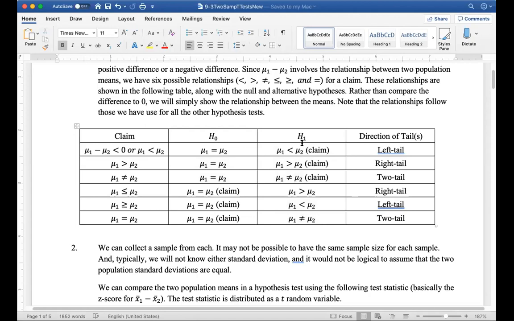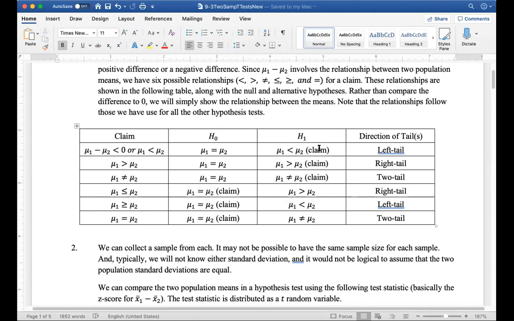And again, if the claim did not include equality, since H1, the alternate, is the same as the claim, it is basically the claim. And since H0 is always equal, when the alternate includes equality, we're saying that the null hypothesis is the claim.